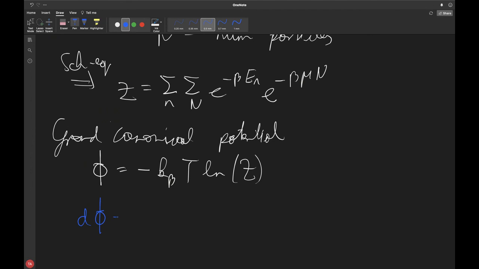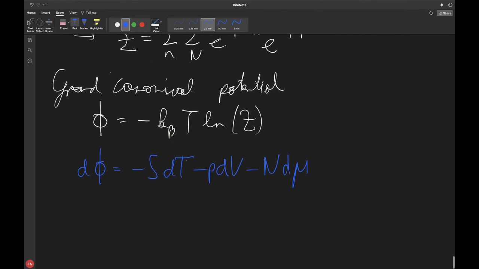The Phi is the same as minus S dT minus P dV minus uppercase N d mu. And so essentially this is the point where we really have included anything that you can think about.